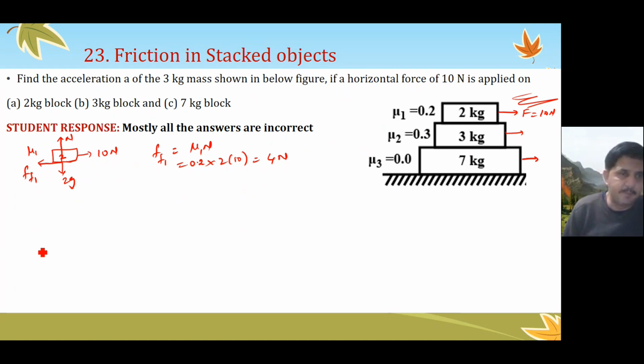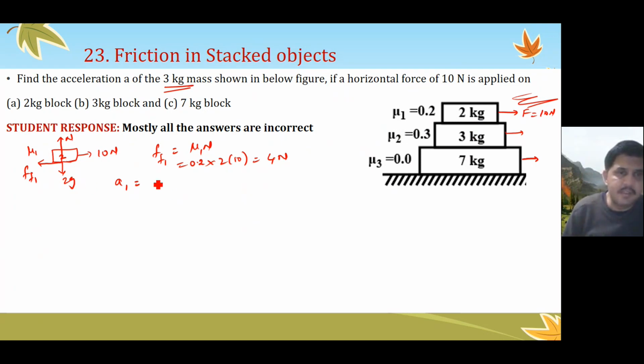Thus there's a frictional force of 4 Newton in the opposite direction, but the applied force is 10 Newton. So what will happen? The object will definitely move. Let us find the acceleration, A1, of this block. But he is asking what is the acceleration of the 3 kg mass. Very important, we want to find that too.